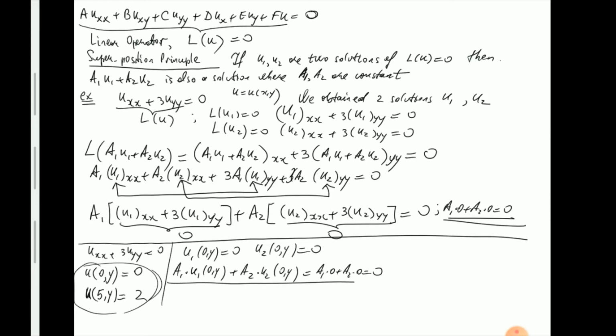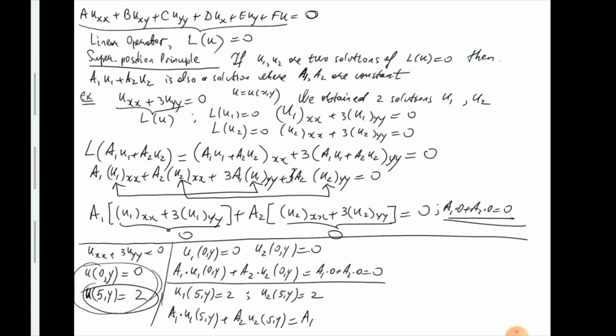On the other hand, if I look at the non-homogeneous condition, so let's say that u1 of 5, y is equal to 2, and u2 of 5, y equals 2. If I look at the linear combination now, a1 u1 of 5, y plus a2 u2 of 5, y, then that's going to be a1 times 2 plus a2 times 2.